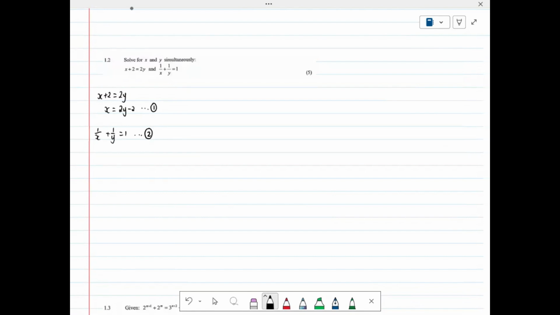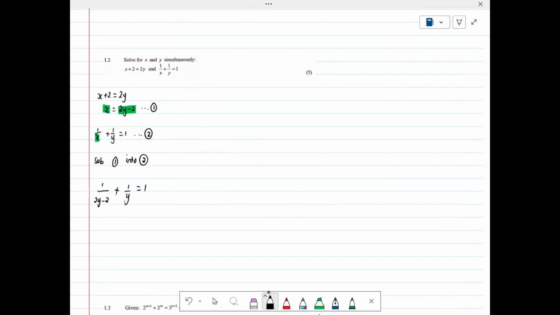And now what we're going to do is substitute equation 1 into equation 2. So every place that we see an x in this equation, we're going to replace it with 2y minus 2. So this becomes 1 over 2y minus 2 plus 1 over y is equal to 1.